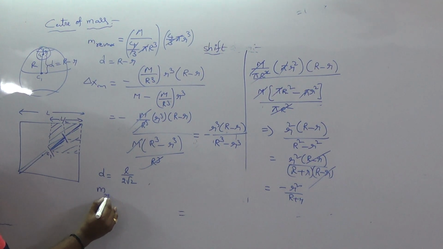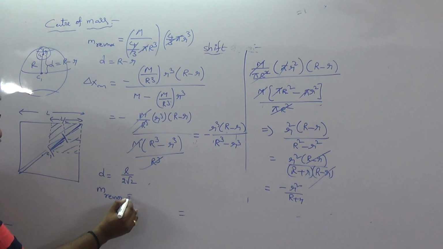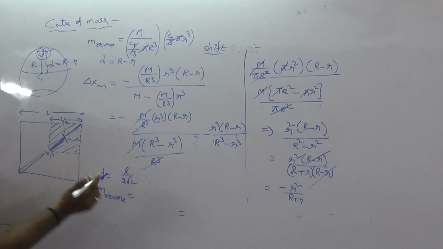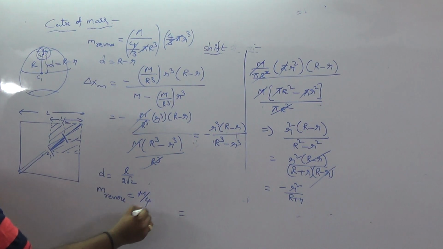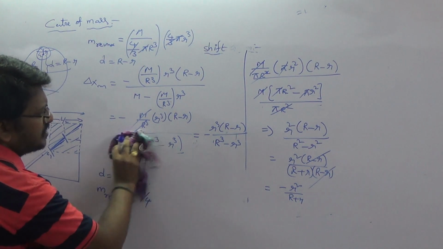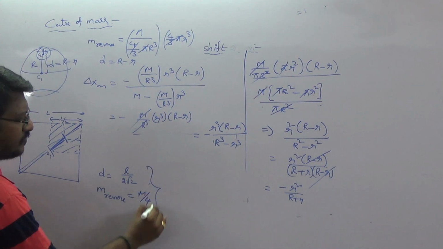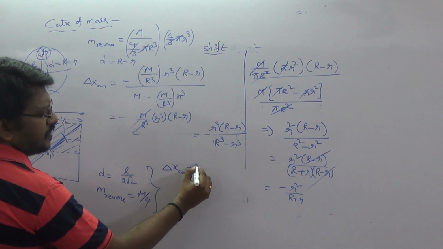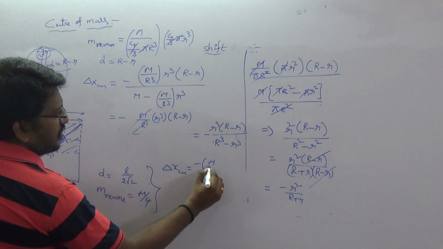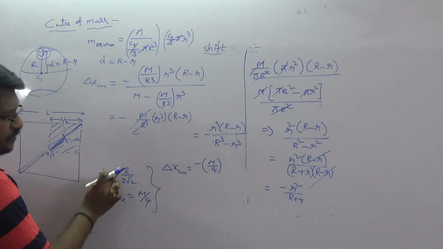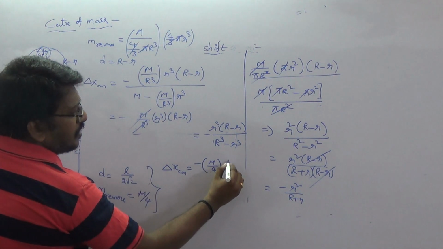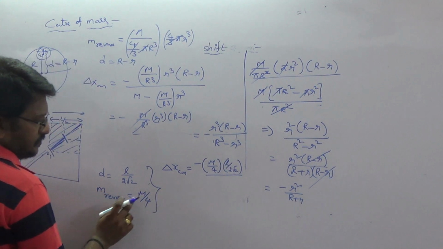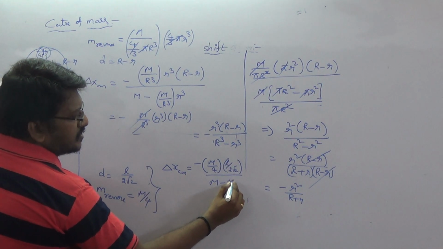Mass of the removed part, clearly we know. Total mass is M. This part is removed. 1, 2, 3, 4 parts. So we get here M by 4. So the shift in center of mass is given by delta xcm, or shift in center of mass is given by removed mass M by 4 into L by 2 root 2, by M minus M by 4.